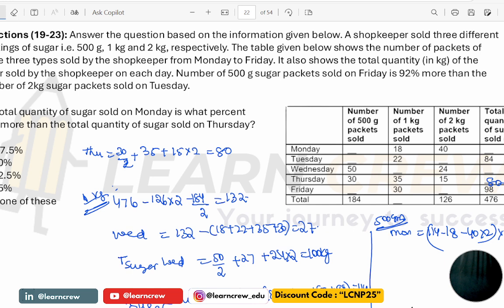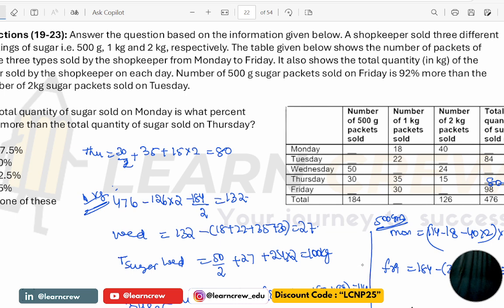And the number of 500 gram packets on Tuesday is not given. So the number of 500 gram packets sold on Friday is 184 minus 32 plus x plus 50 plus 30, which is 72 minus x.